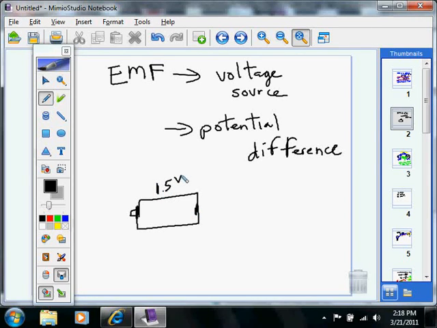If you have a 1.5 volt battery, that means that this terminal is positive and this terminal is negative.